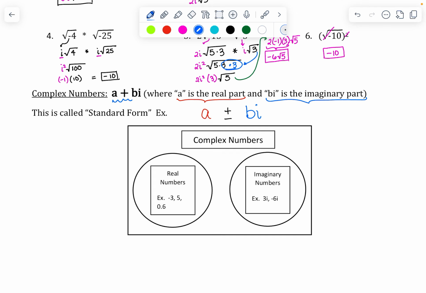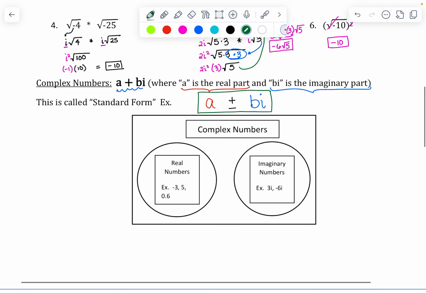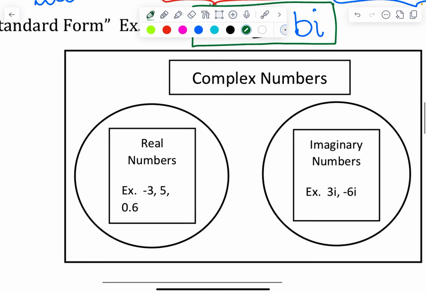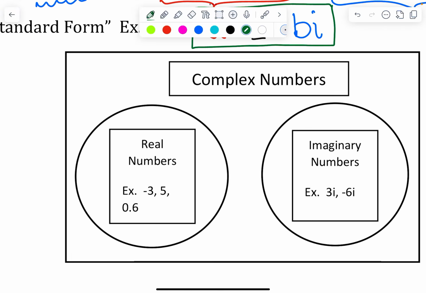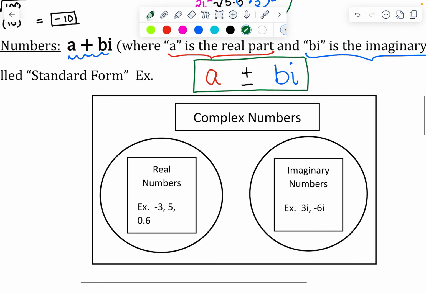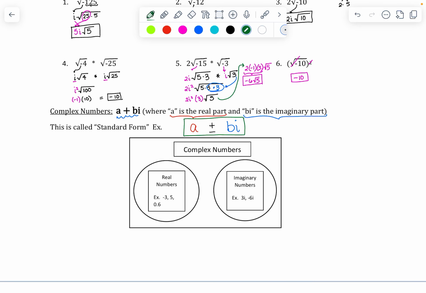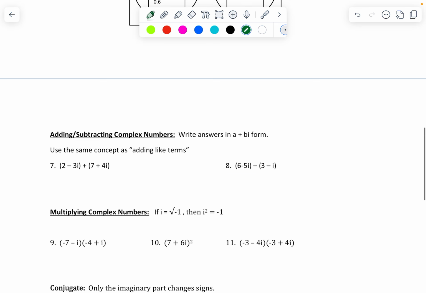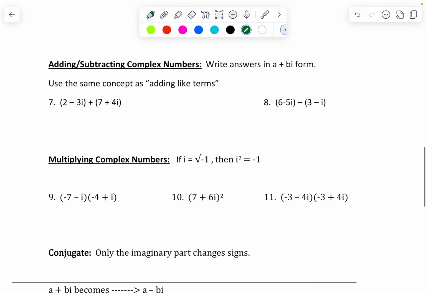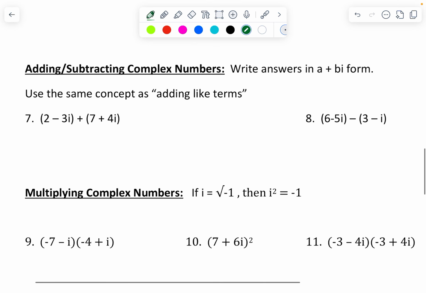So that's why I have that there. You must know this standard form. Don't forget it. So complex numbers, what are they? They can be real numbers with imaginary numbers. You can either add them, subtract them, you can even multiply and divide them, which is what we're going to look at now. Adding and subtracting complex numbers.